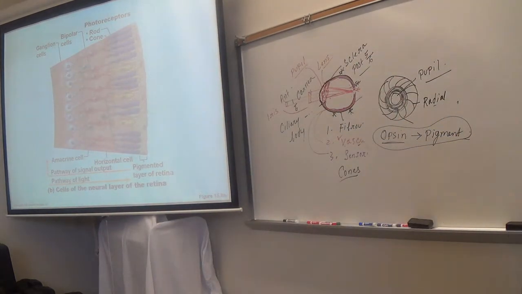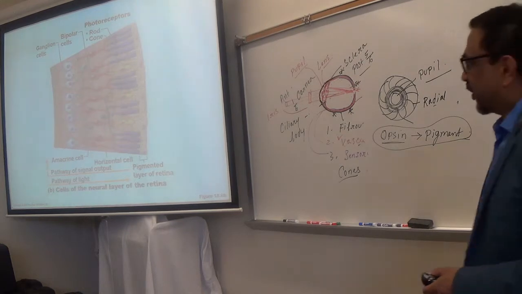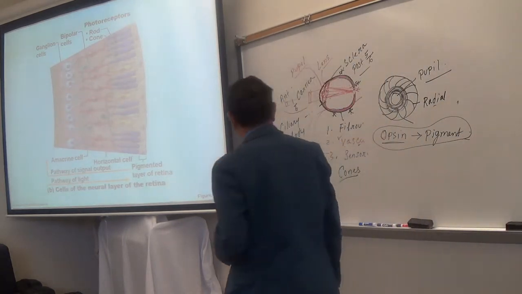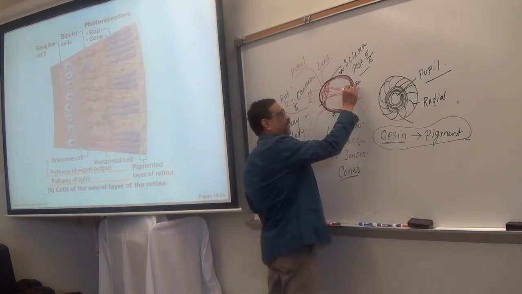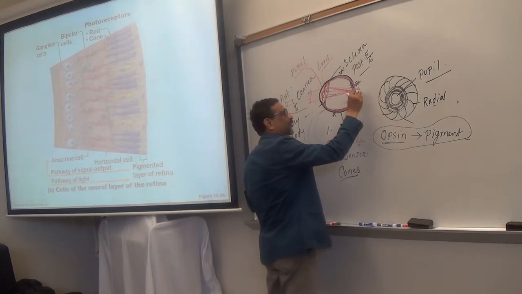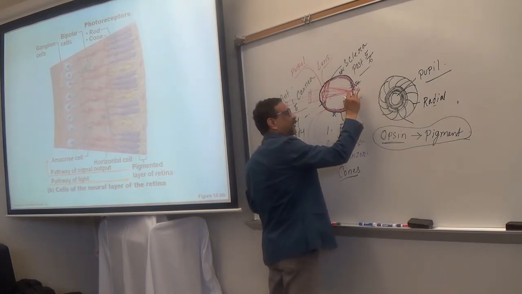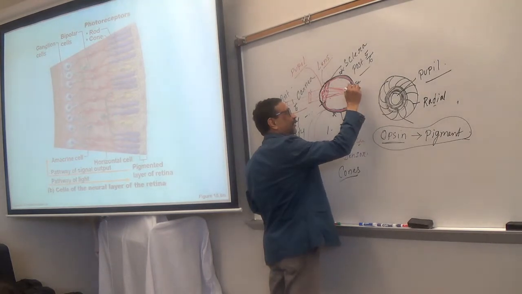So the optic nerve is basically the axons of the ganglion cells. So let me draw here. These are the ganglion cells, okay? The axons of all these ganglion cells get together like this and form the optic nerve.